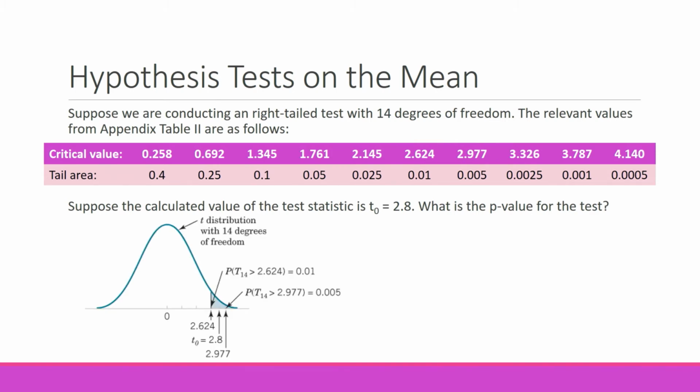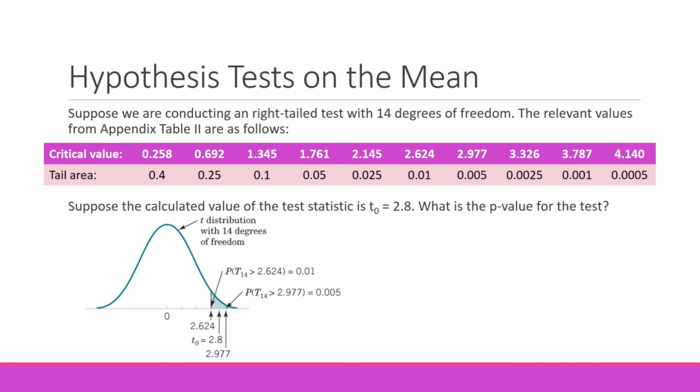The area to the right of 2.977 is 0.5%. So while we don't know exactly what the area to the right of 2.8 is, we do know that it's going to be somewhere between 1% and 0.5%. So it's going to be somewhere between 0.01 and 0.005.